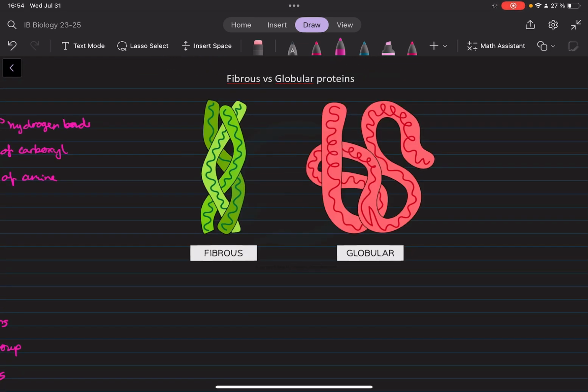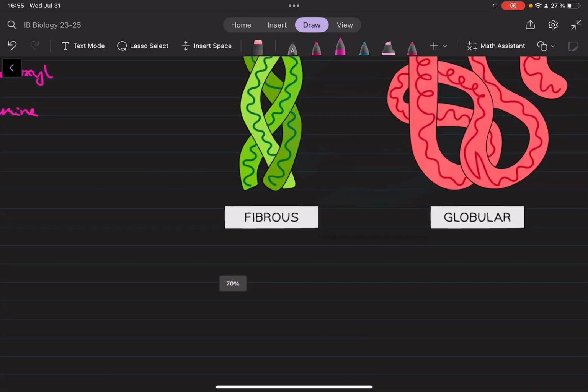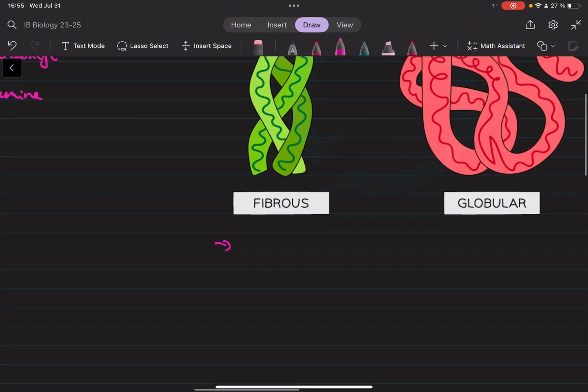Okay, so now we can move on to the different types of proteins, which are the fibrous and the globular proteins. And what we need to know about these is their general function, their structure, and different properties that they have. And it would also be good to be able to name some of them. So let's start with fibrous. So fibrous are usually structural proteins.